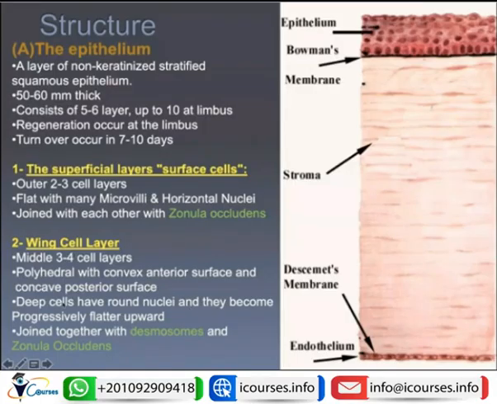The deep cells have round nuclei and become progressively flatter upward while joining the surface cells. These wing cells are joined together by zonula occludens in the superficial layer and by another type of cell junction called desmosomes, which is present more in the deep layers.